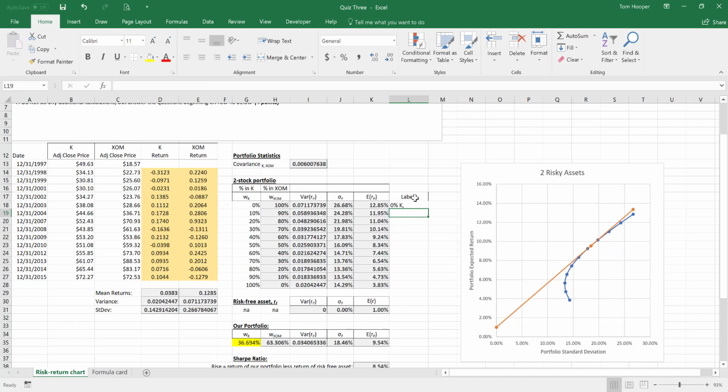So now we're showing that we have 0% in K, and I'd like to continue concatenating text, and this time show that we have some percent formatted with one significant figure and a percent sign, ampersand, double quotes, space, ExxonMobil.